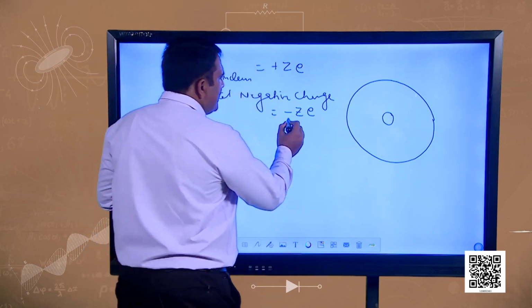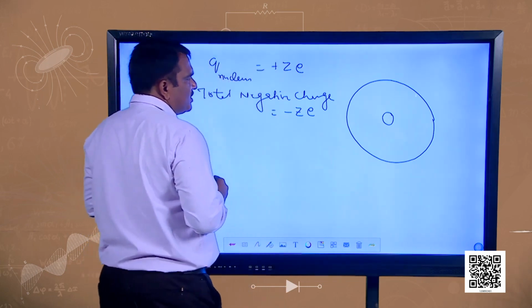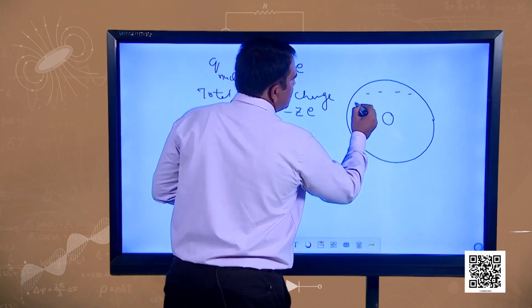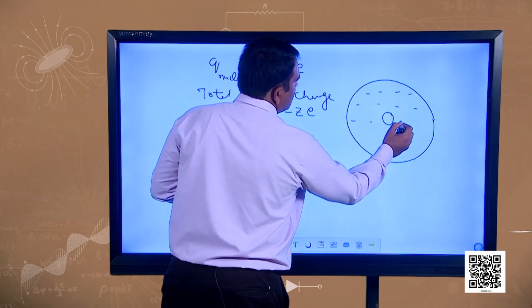So, minus Ze is the total charge which is present around this nucleus.